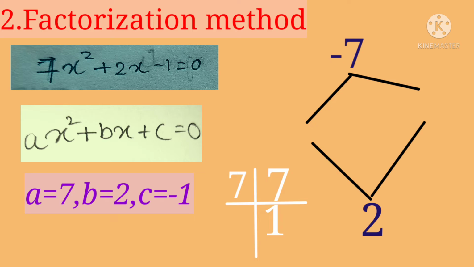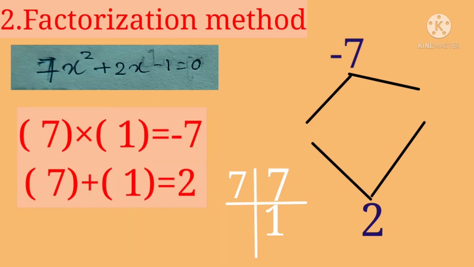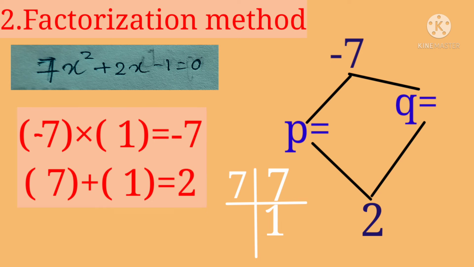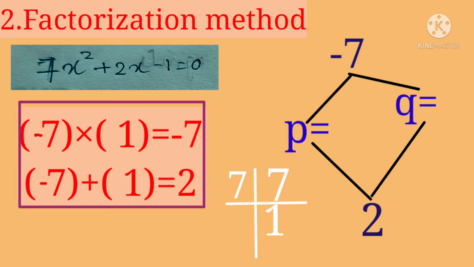Whatever number we have written at the upper triangle, we need to factor it. So this 7 is there, so the factors will be 7 into 1, or 1 into 7. If we take 7 and 1 as the P and Q values, 7 into 1 we get 7, yes, minus 7. If we put 1 as minus or 7 as minus, we get minus 7.